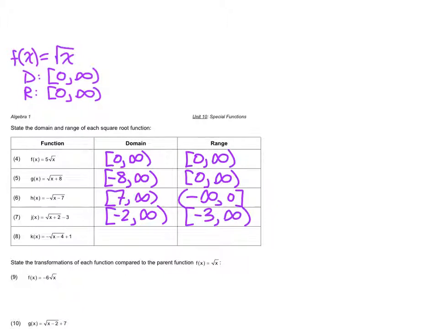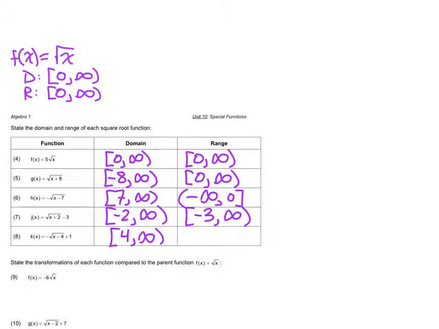And then number 8 puts everything together. First off, we can deal with the horizontal shift. That's 4 to the right. We'll get that out of the way first. Negative infinity. So we're flipping over the x-axis, but then shifting upward 1 unit.